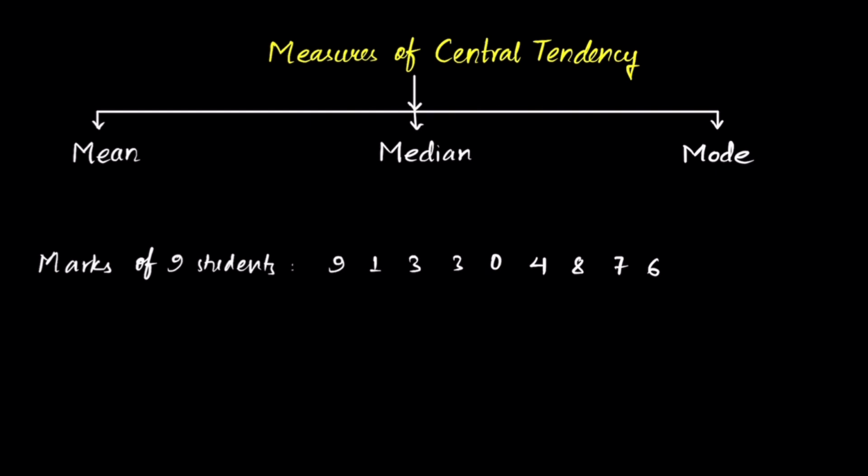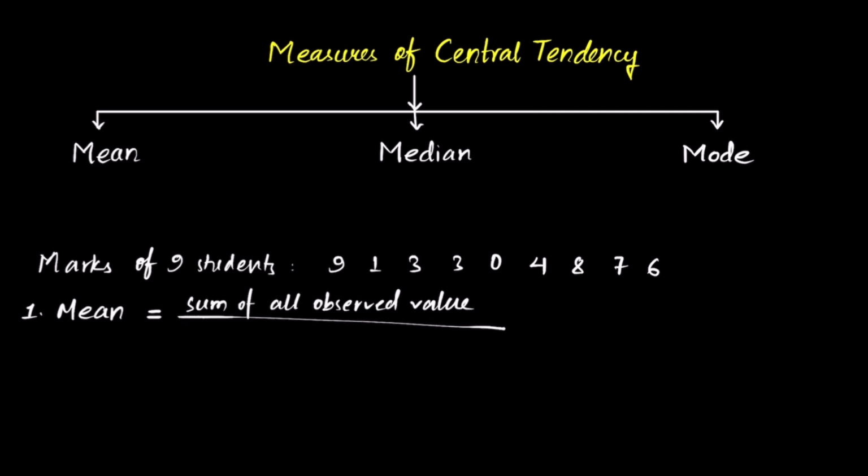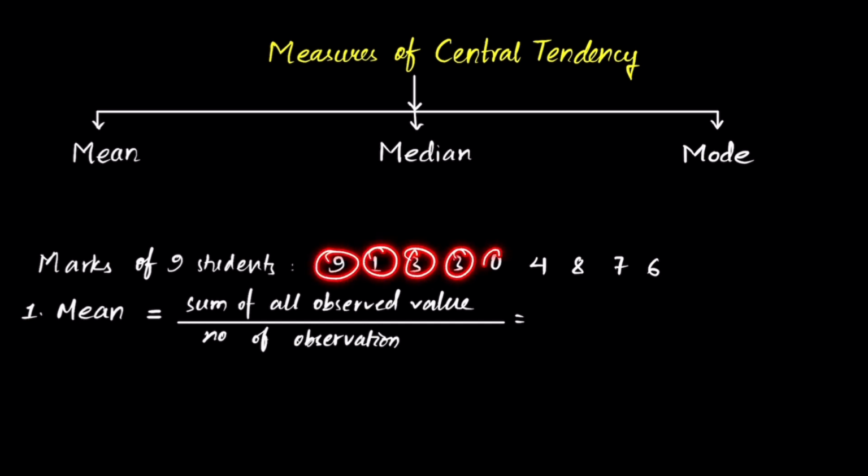In this data distribution, you have to find number one, mean. Mean is equal to the sum of all observed values divided by the number of observations. As you can see in the example, you have been given the marks of 9 different students.